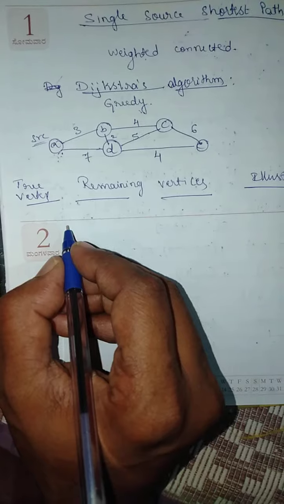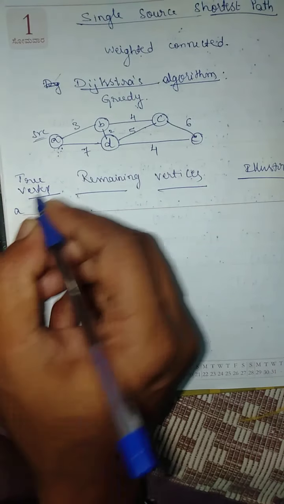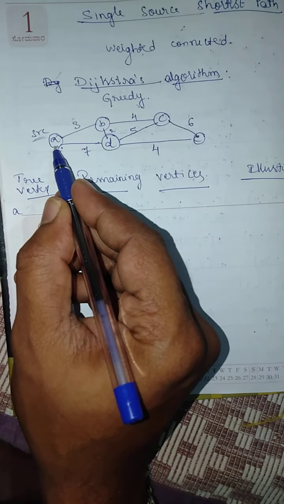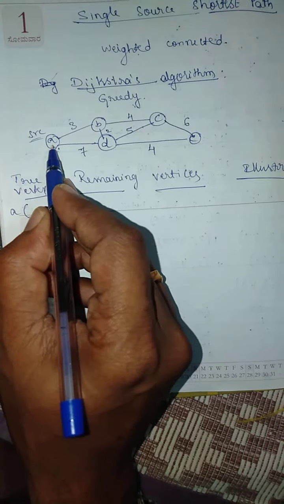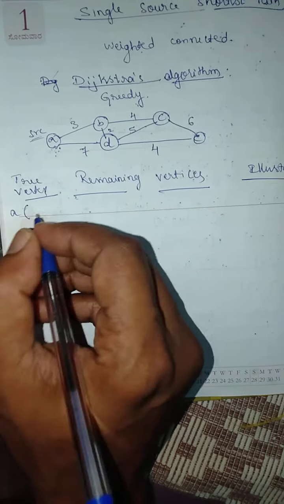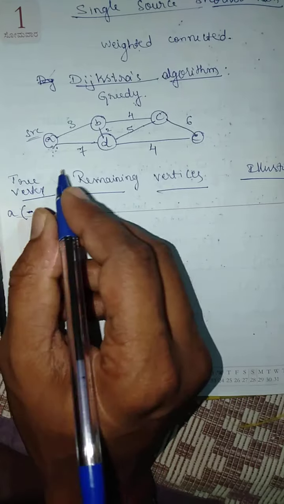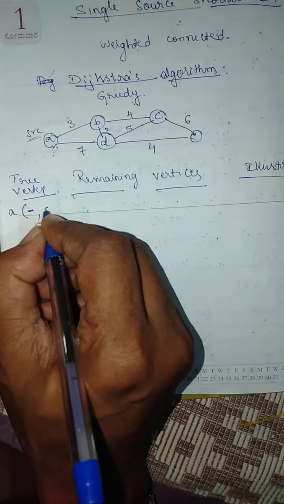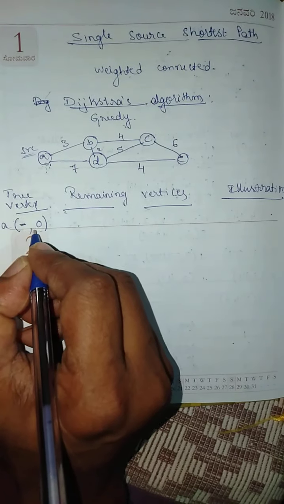The very first vertex to be chosen is A. Since A is the source vertex, it does not have any previous vertex, so it is indicated as null, and the A to A cost is 0. I mean this is the source vertex.